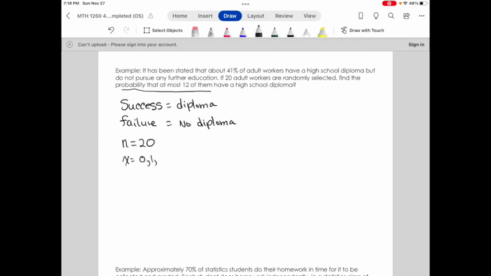So our X's can take on anywhere from 0, 1, 2, all the way up to 20. Our probability of success, that's our P, is 0.41. And our probability of failure, even though it doesn't say it in the problem, I know is the complement of P, so that's going to be 0.59.